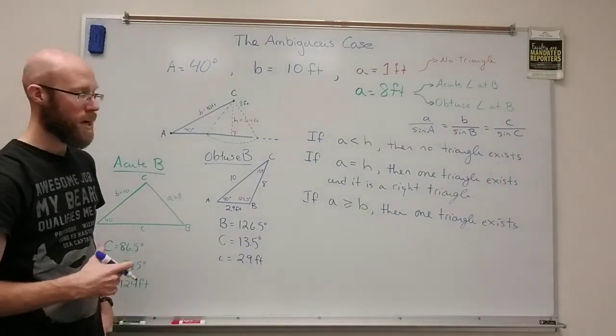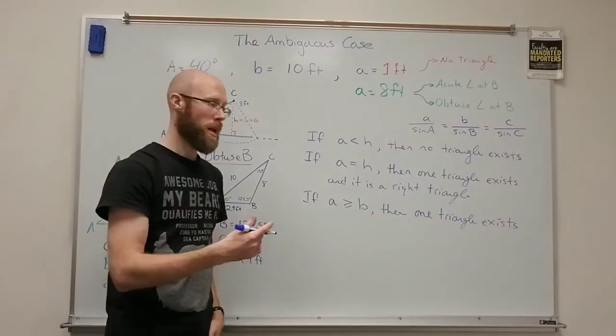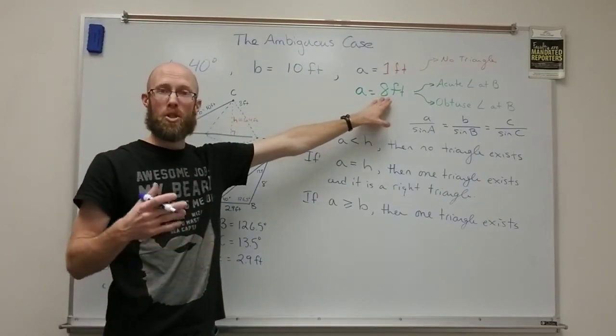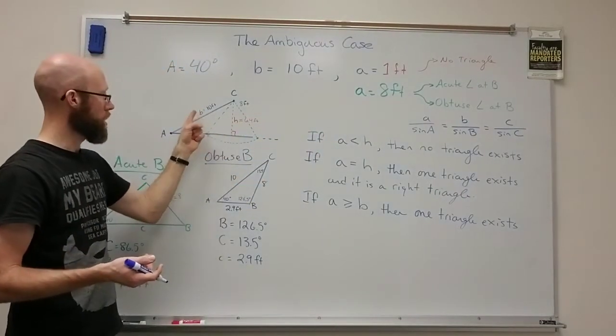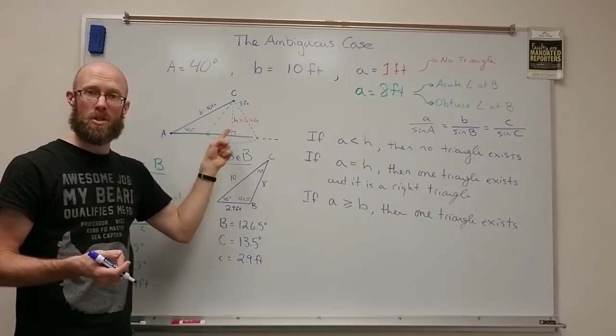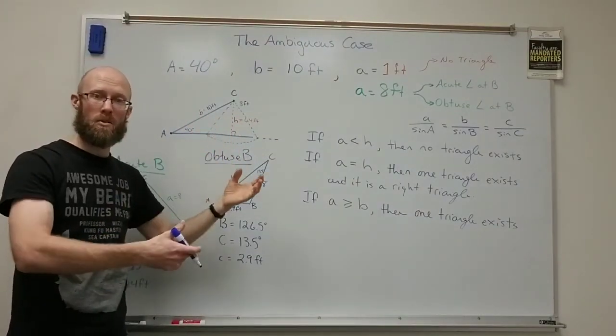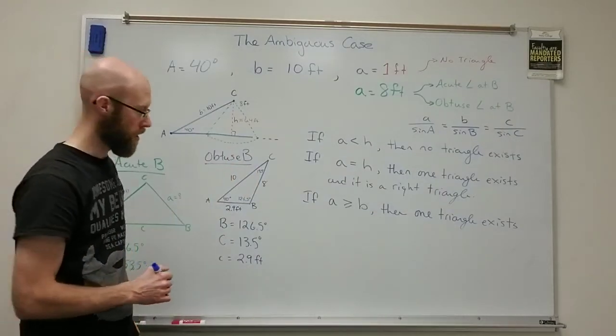And then the other option is what happens when A, and this is the one here, is in between the height and the B value. In that scenario, you end up with two triangles, one with the acute angle, one with the obtuse angle.